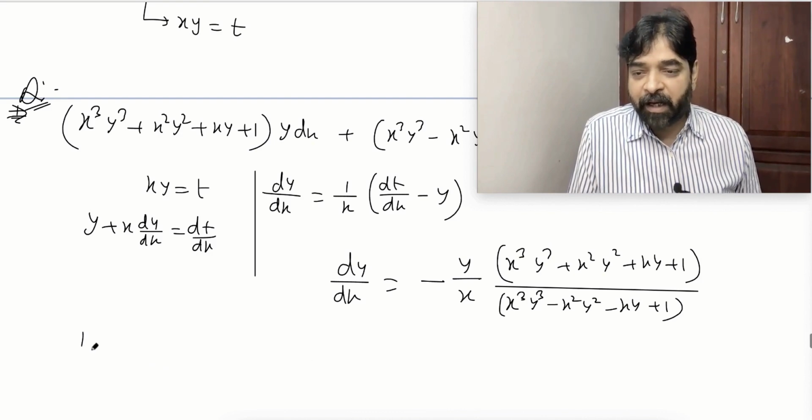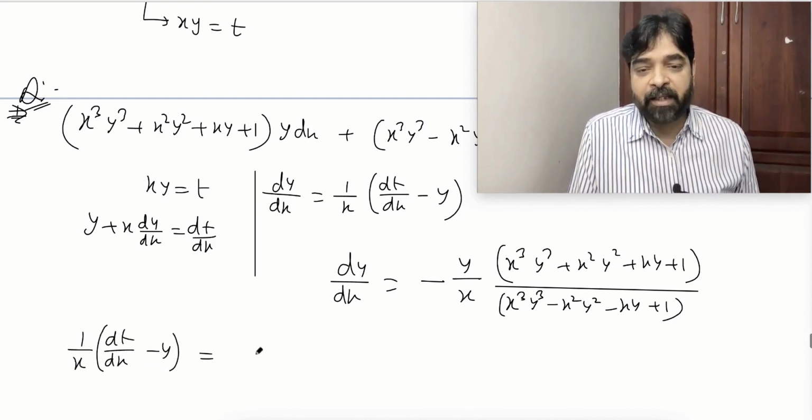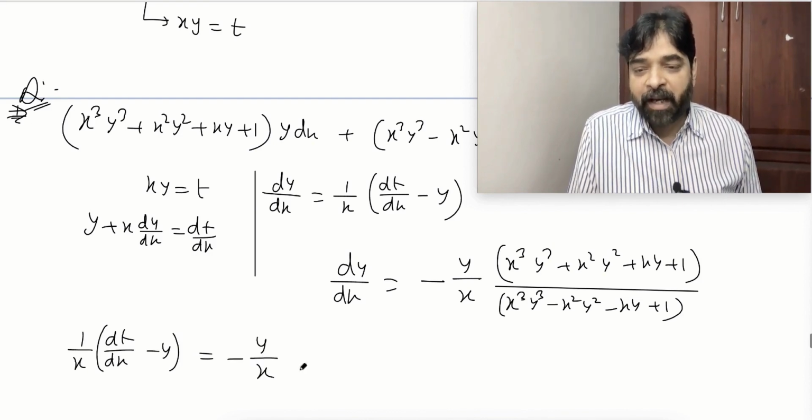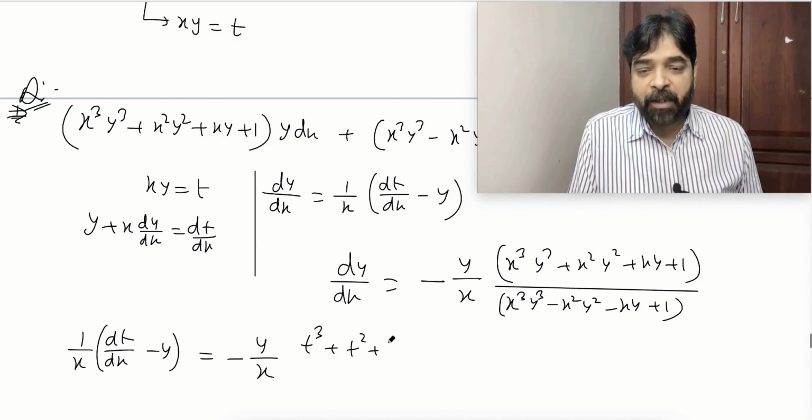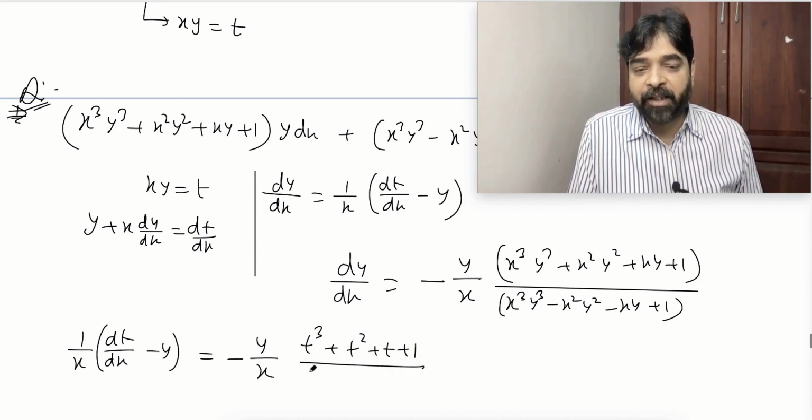Now put xy equal to t. dy by dx we already know, 1 by x into (dt by dx minus y) is equal to minus y by x into (t cube plus t square plus t plus 1) divided by (t cube minus t square minus t plus 1).